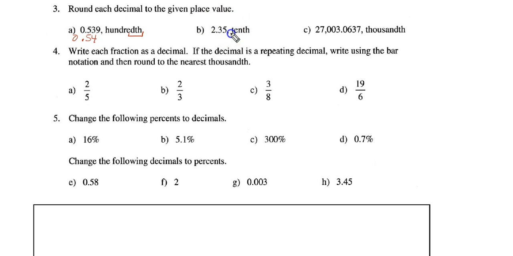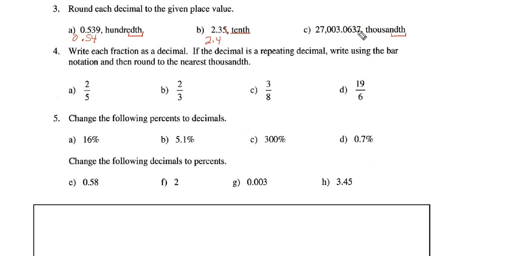Now here to the tenths place. Well, that's 1 decimal. 5 or more, this will become 2.4. We drop the 5 and add 1. If it were a 3, we would drop it and that would be 2.3. Now this to the thousandths place, which is 3 decimal places.